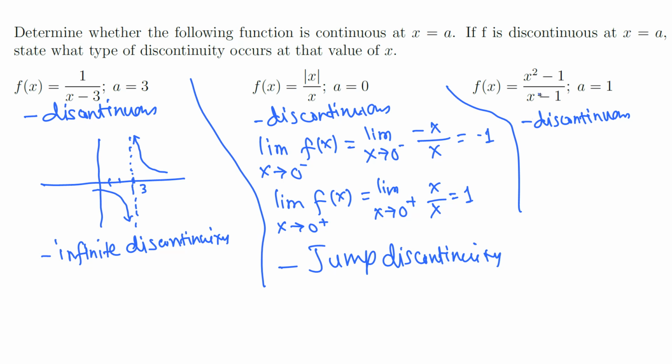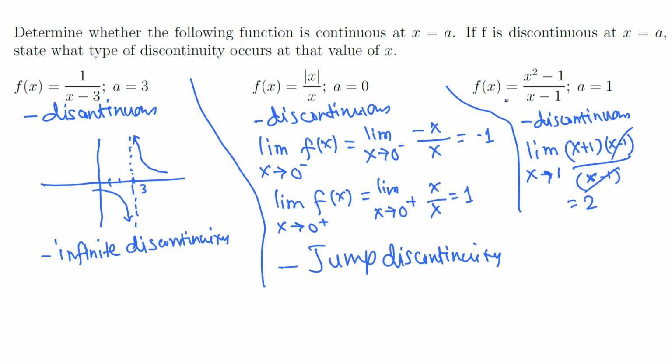Let's look at here. We can simplify, or if we take the limit at 1, the top factors as x plus 1 times x minus 1 over x minus 1, cancel, plug in 1, so 2. At least the limit exists.